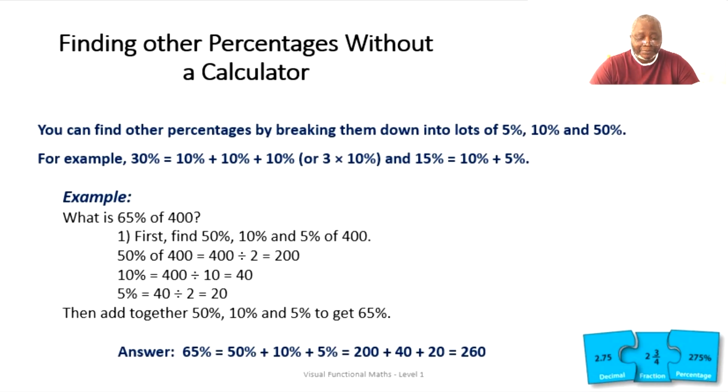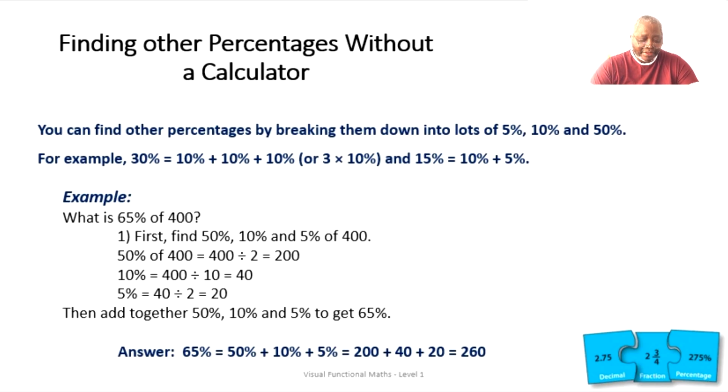First, find 50%, then 10%, and 5% of 400. 50% of 400 is equal to 400 divided by 2, which is 200. 10% of 400 is equal to 400 divided by 10, which is 40. 5% is 40 divided by 2, which is equal to 20.